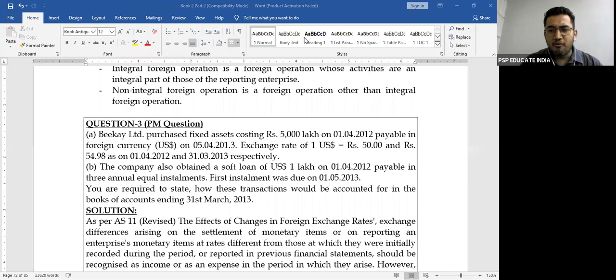No, the loan will be of 3 years only: 12-13, 13-14 and 14-15. At the end of 14-15, you will repay the third installment.